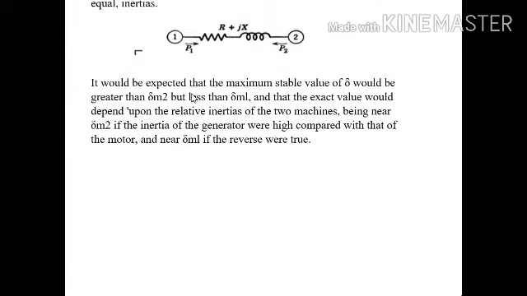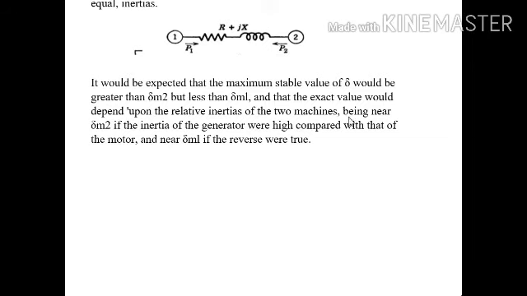It would be expected that the maximum stable value of delta would be greater than delta M2 but less than delta M1, and that the exact value would depend upon the relative inertias of the two machines. Now in this case, the value of the stability limit depends upon the relative inertias of these two machines.